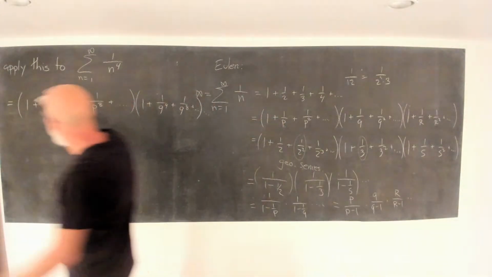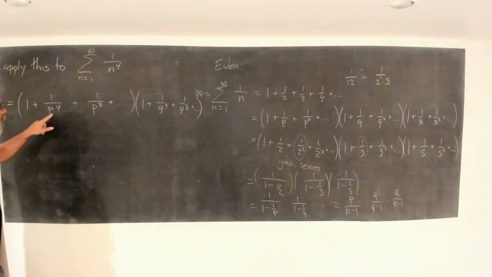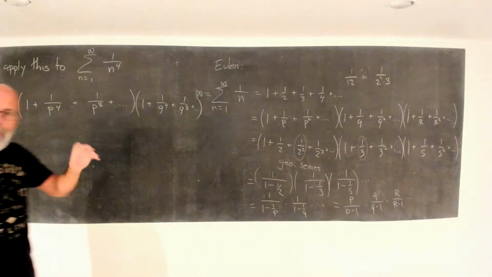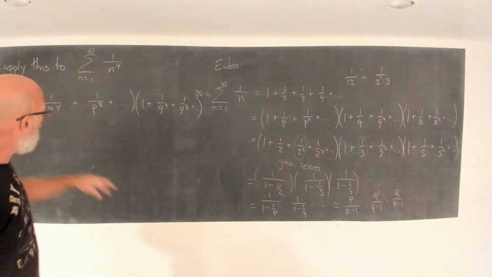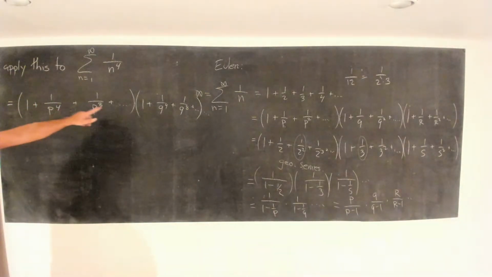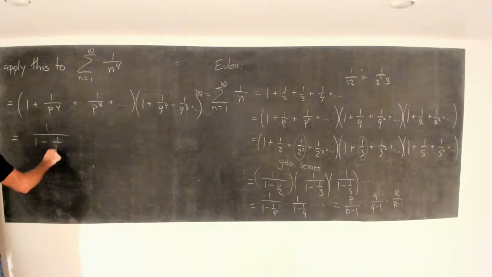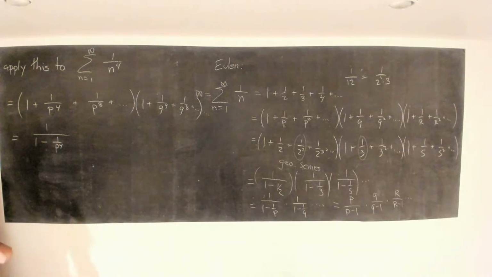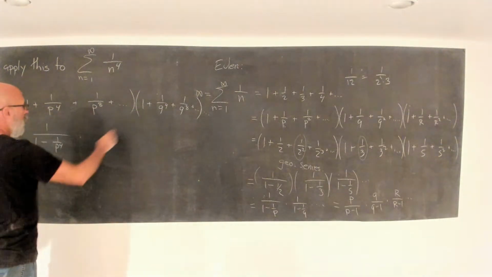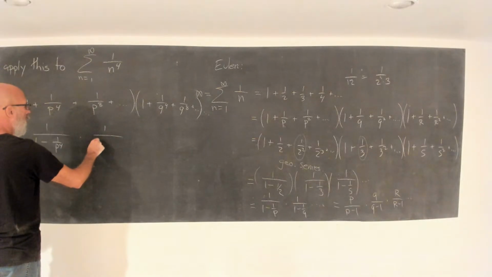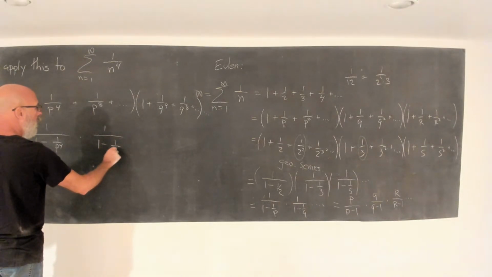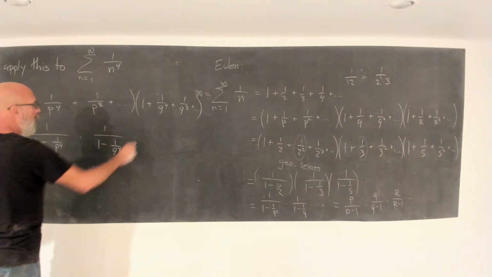So this, again, geometric series with 1 over p to the 4. So this converges to 1 over 1 minus 1 over p to the 4. And this one converges to 1 over 1 minus 1 over q to the 4. And so on and so on.